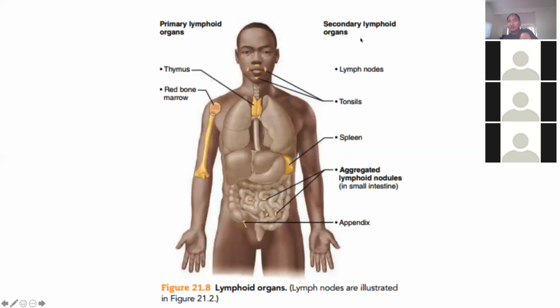Secondary lymphoid organs will just store the lymphoid tissues, like lymph nodes, tonsils, spleen. They will not generate or educate lymphocytes. They will only store, and therefore they are called secondary lymphoid organs.